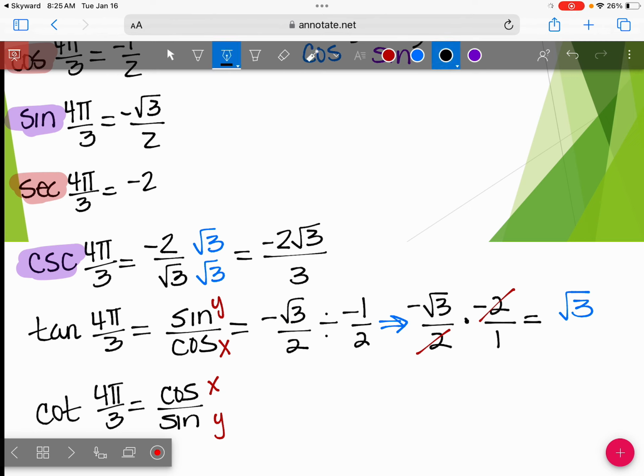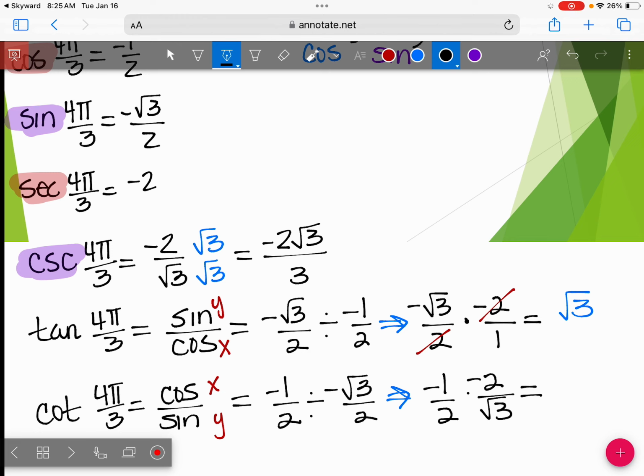So that's going to give me -1/2 divided by -√3 over 2, which is -1/2 times 2 over √3, -2 over √3.